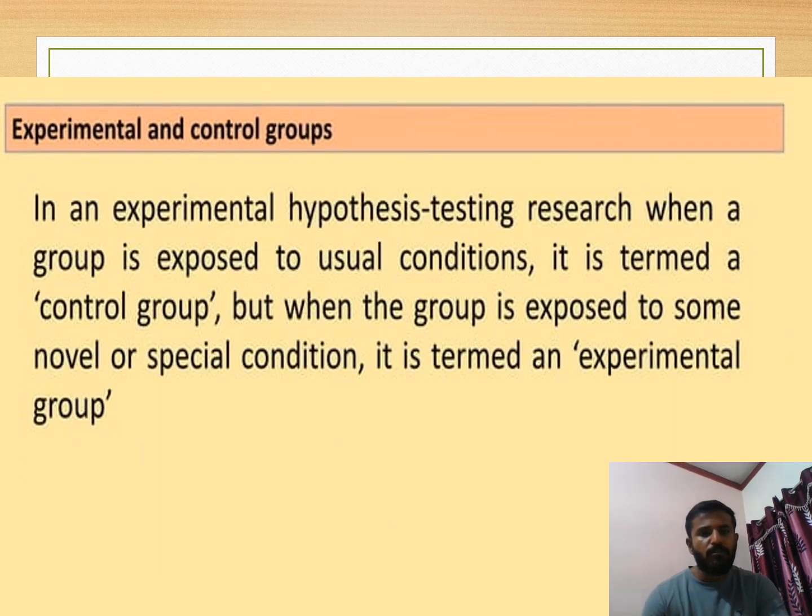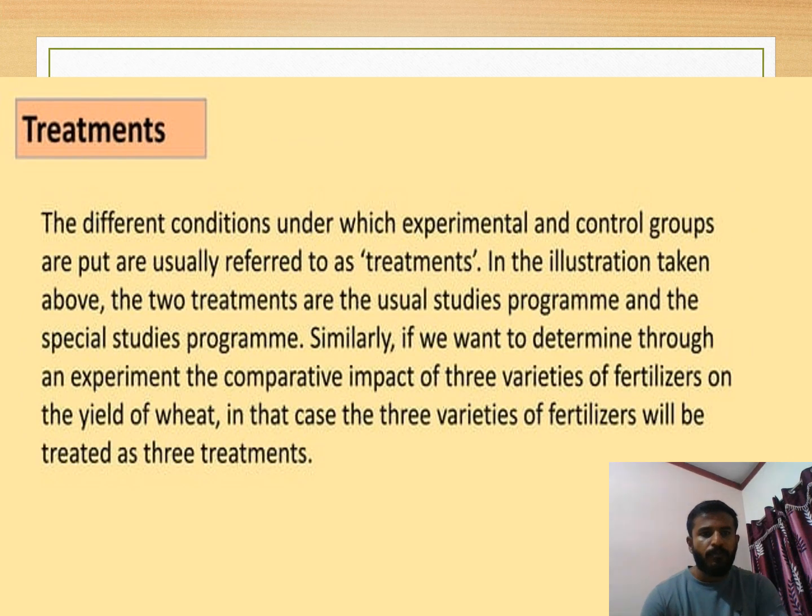Experimental and control groups. In experimental hypothesis testing research, when a group is exposed to usual conditions, it is termed a control group, but when the group is exposed to some novel or special condition, it is termed an experimental group. Treatments.